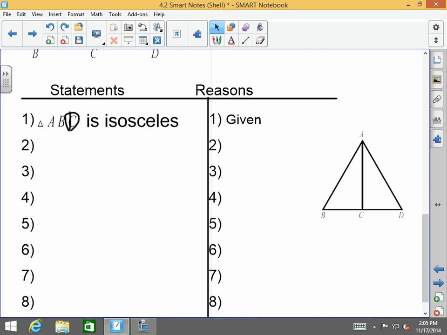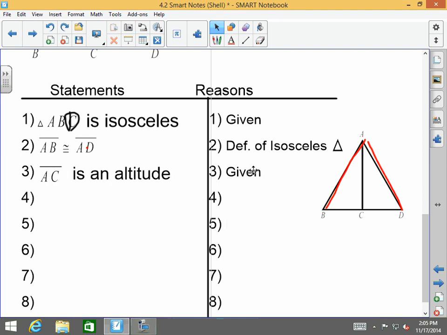Now, from there, we know that AB is congruent to AD. That's absolutely 100% accurate. That is because of definition of isosceles triangles. We also know that AC is an altitude because it was given.